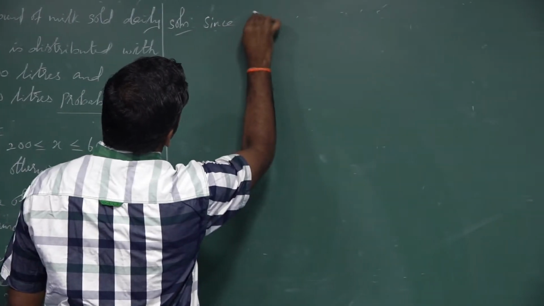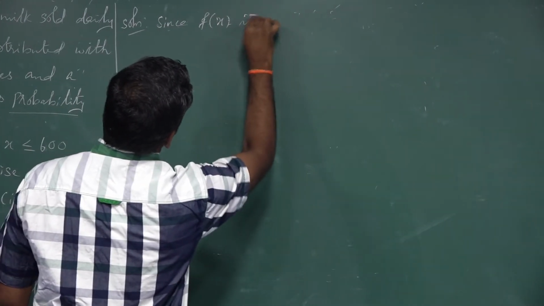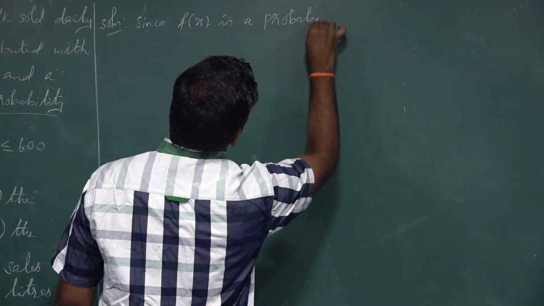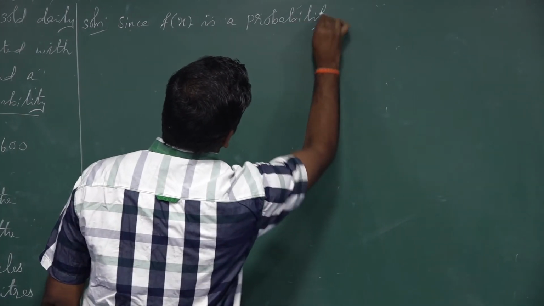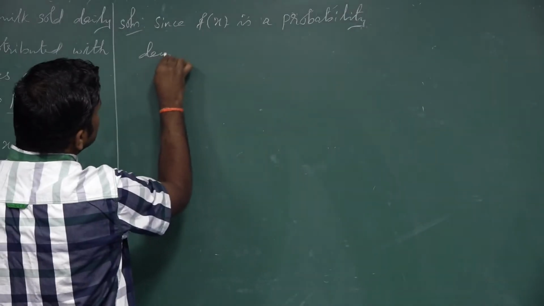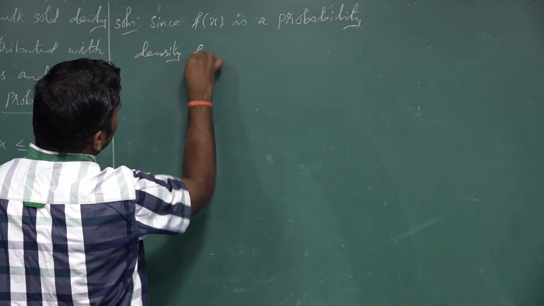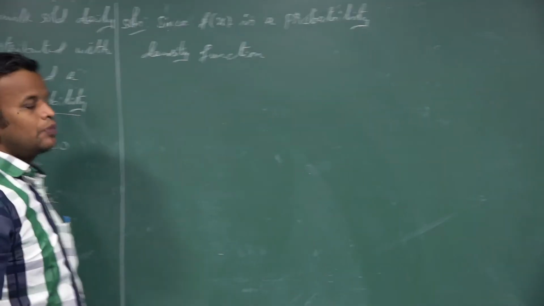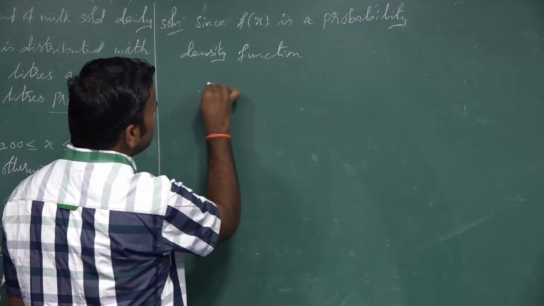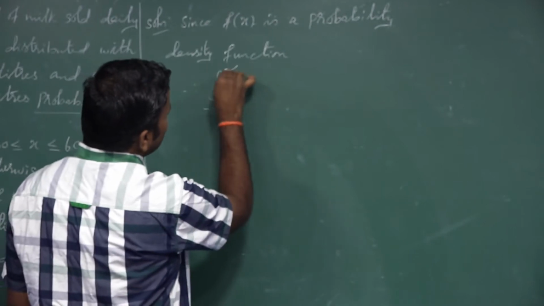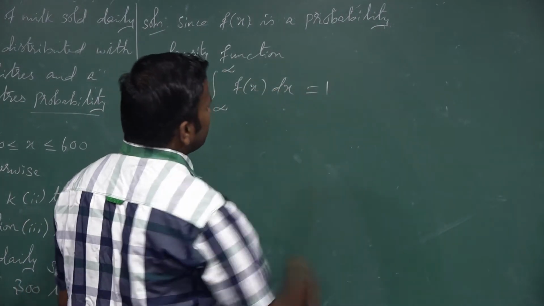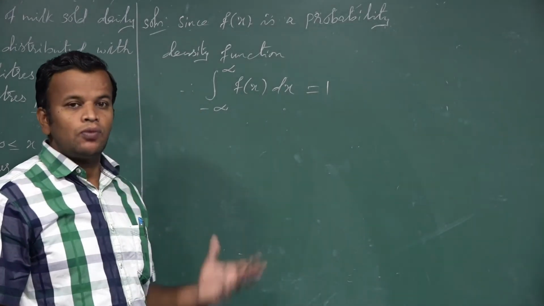Since f of x is a probability density function, a given data. Okay, f of x is a probability density function. Therefore, from minus infinity to plus infinity, f of x dx value should be equal to 1.